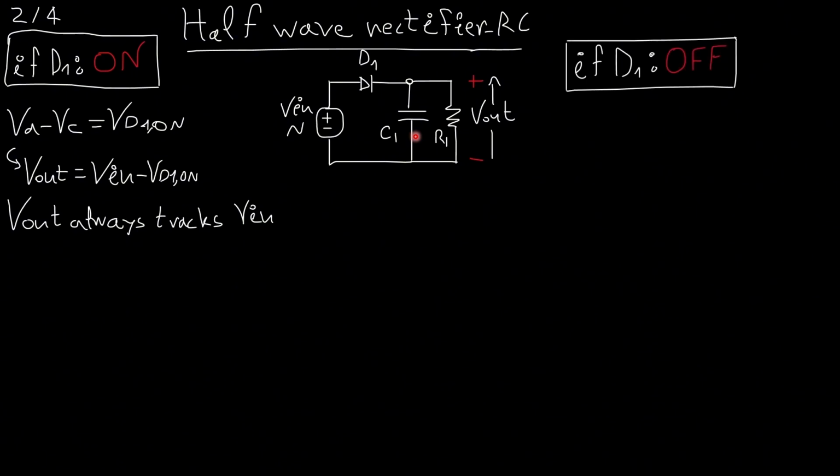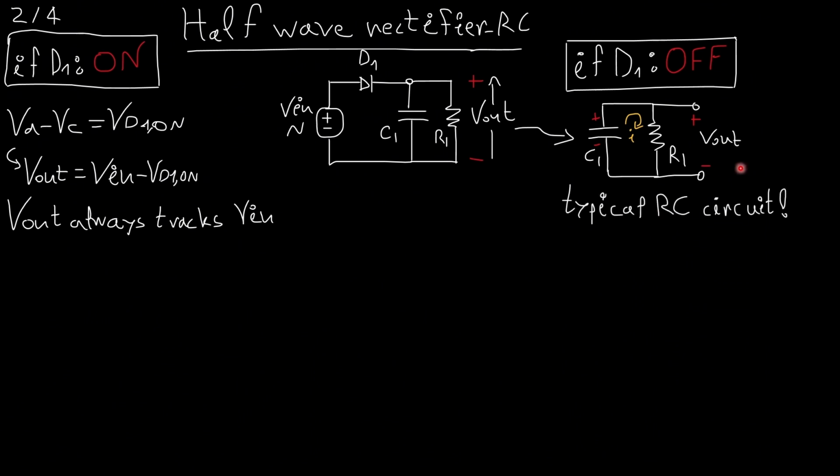Well, let's see what happens when the diode is off this time. When the diode is off, obviously no current is going to flow from here to here, but our configuration reduces to what? A simple RC circuit. I know that the diode is off, so no current flows from here to here.